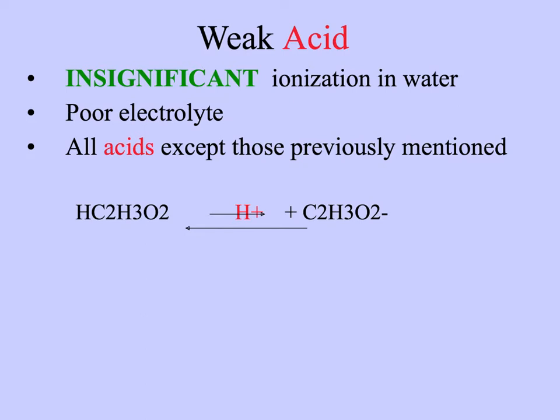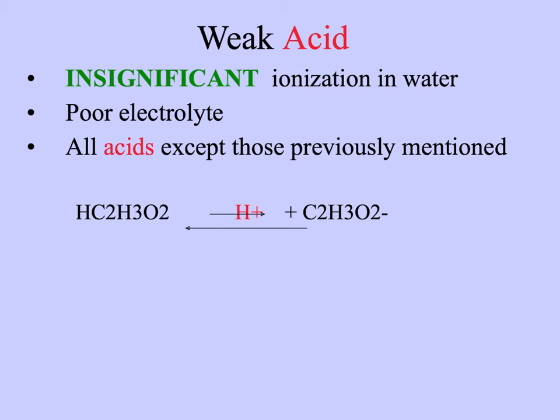It's kind of like the Gatorade, when we tested the Gatorade with the light bulb and everything, how it was very, very dim. So that's what a weak acid would do. And then your weak acids are basically anything that was not mentioned from those 5 that you had to memorize. Everything else you are going to assume is a weak acid. So here we have a weak acid. Notice this is the polyatomic ion acetate, if you did not recognize that. So this is called acetic acid.